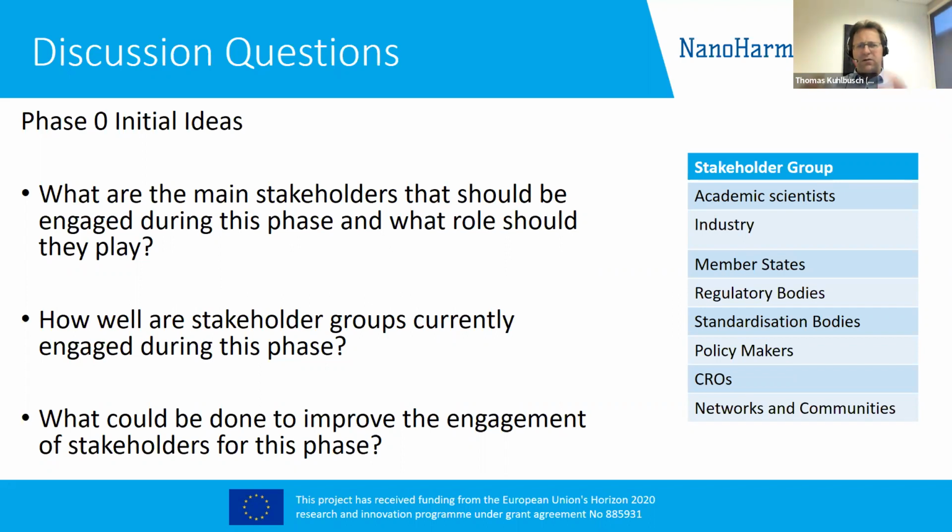And just as a reminder for all listening, we always have the different stakeholder groups from the NanoHarmony point of view on the right-hand side so that we can keep those in mind.